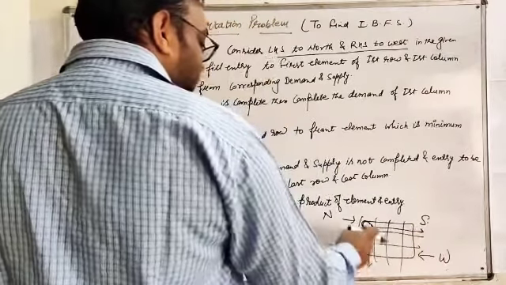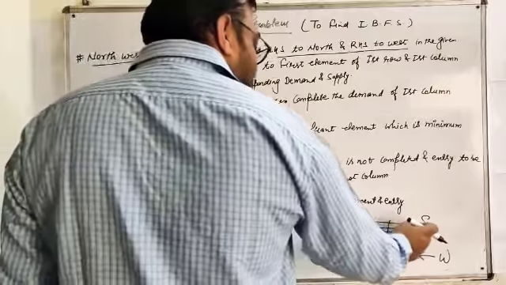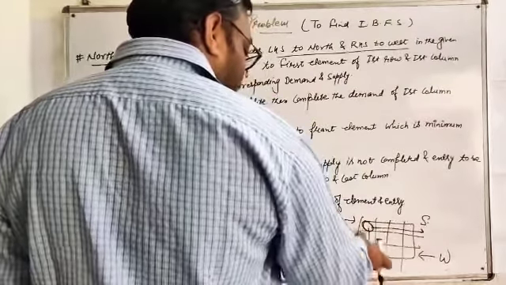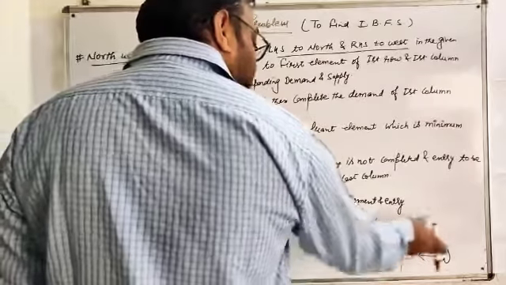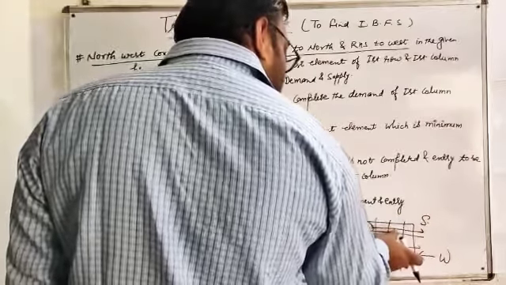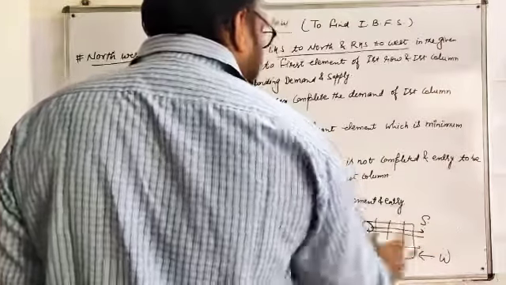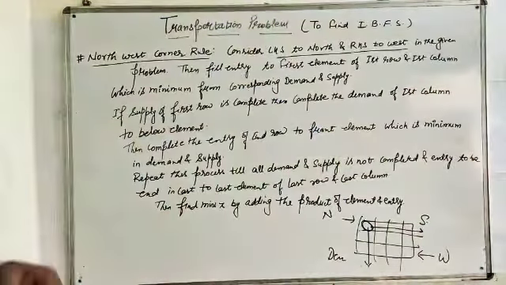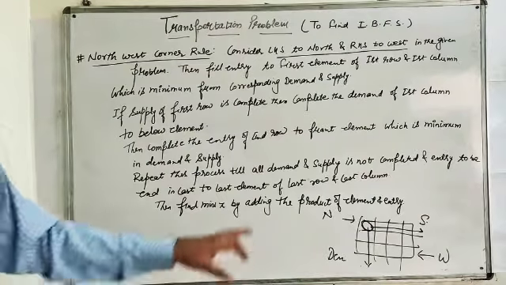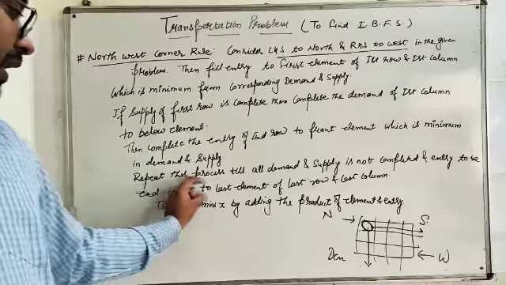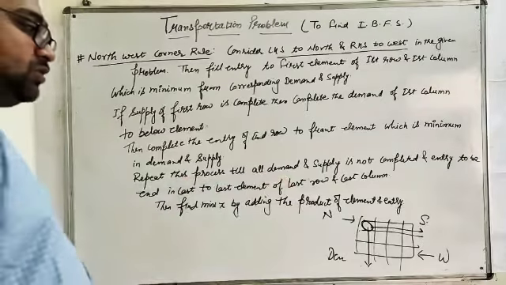If demand is minimum, then put the demand, and if supply is minimum, then put the supply. If demand is remaining, then move downward, and if supply is remaining, then move to the right hand side, so as to fulfill the corresponding demand and supply. Repeat this process till all demand and supply is completed, ending with the entry in the last element of the last row and last column.